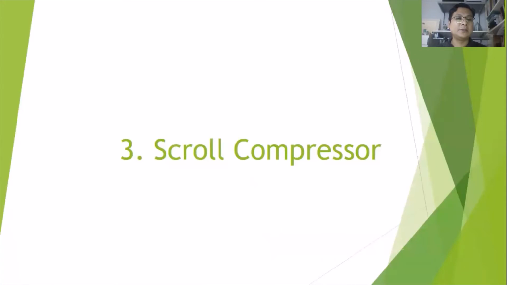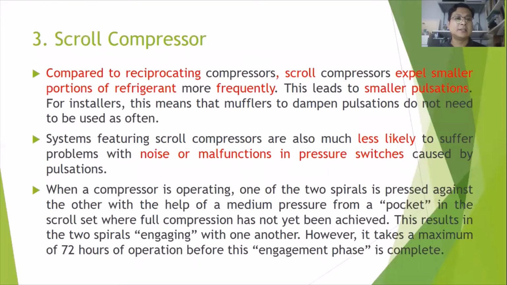Okay, now we go to the scroll compressor. Compared to a reciprocating compressor, the scroll compressor expels a smaller portion of refrigerant more frequently. This leads to smaller pulsation for the installer. This means that mufflers to dampen pulsation do not need to be used as often.